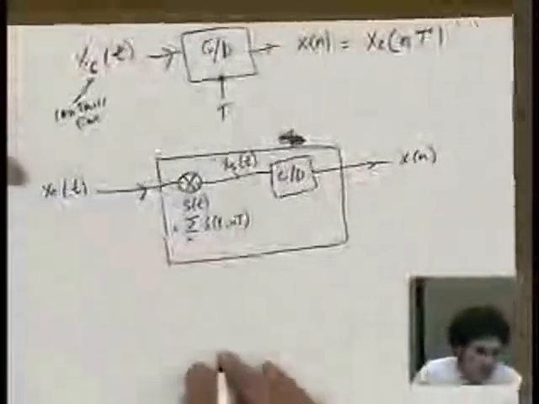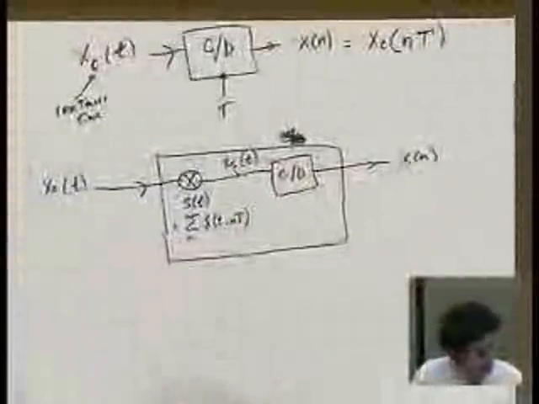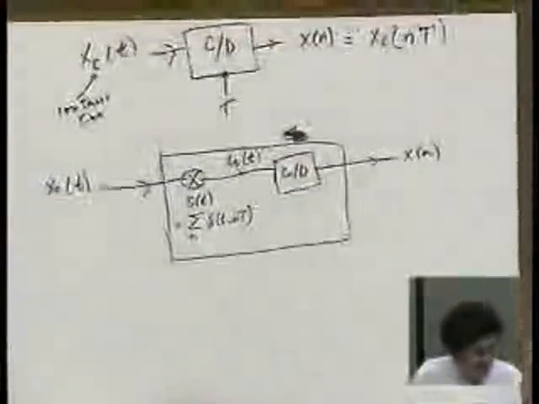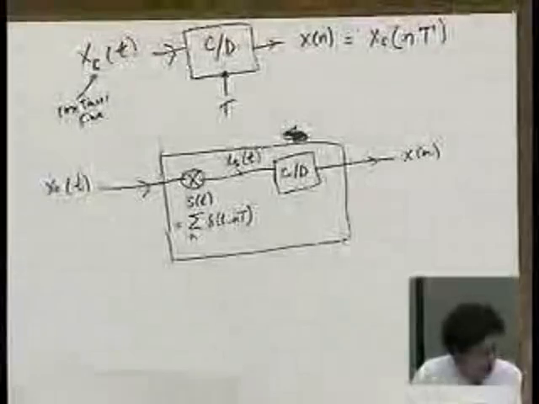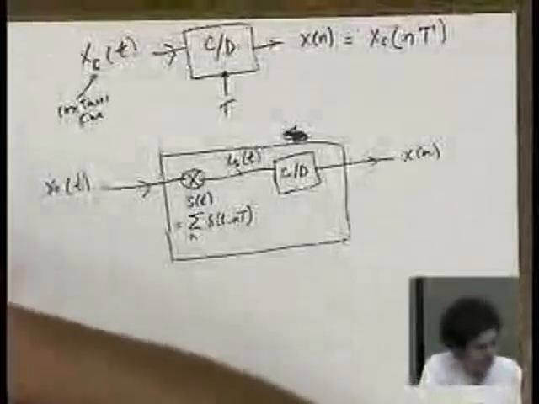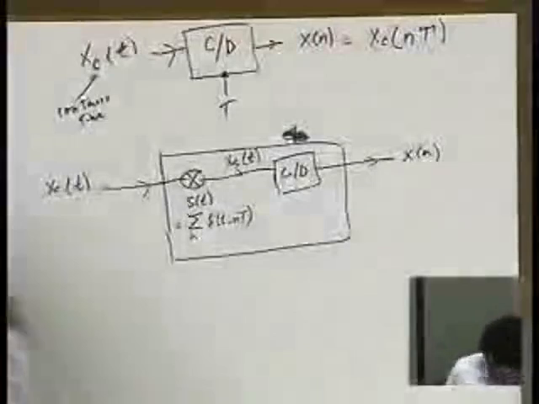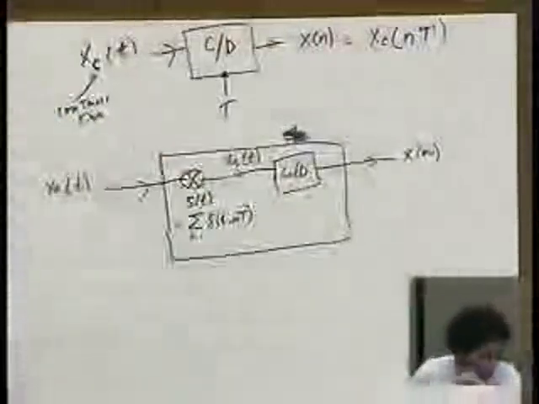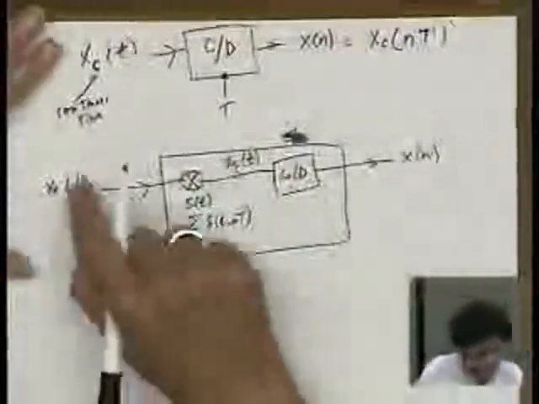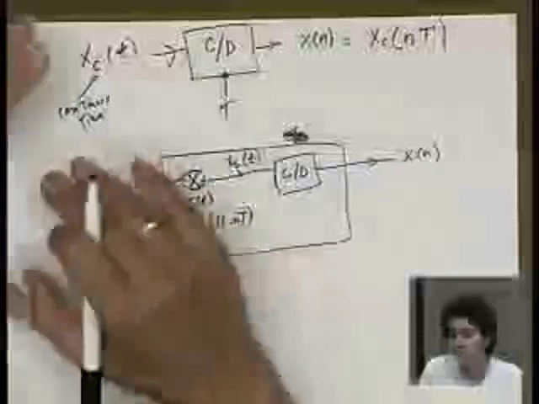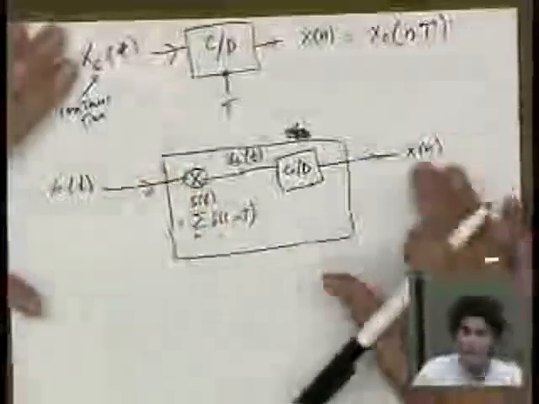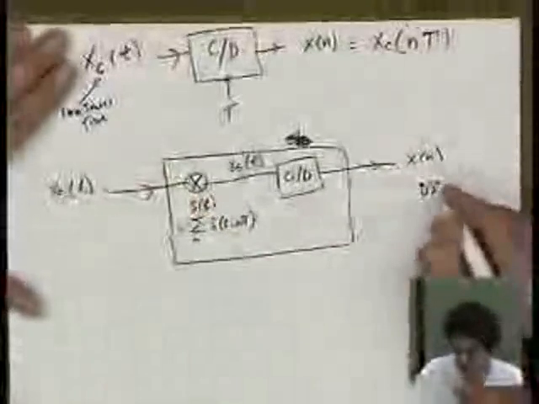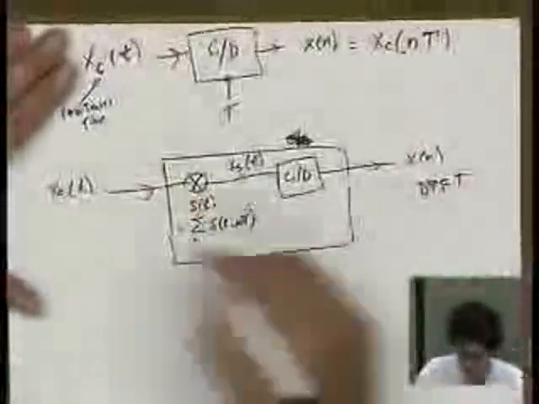So the question I want to try to answer in the next few minutes, or rather just write down the answer for it rather than answering it entirely, is: this is a continuous time signal and it has a continuous time Fourier transform, and this is a discrete time signal and it has a discrete time Fourier transform, DTFT, the stuff we've been talking about the last 2 lectures or so.